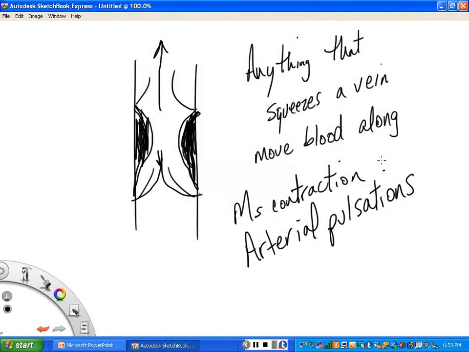So you notice what I'm doing here. I'm doing two things at once: fluid flow through the veins and fluid flow through the lymphatic system at the same time. Why? Because they are the same. Because they're both low pressure. Because they both have valves. And anything that squeezes either of them will push fluid through them in the proper direction, as long as your valves are intact.